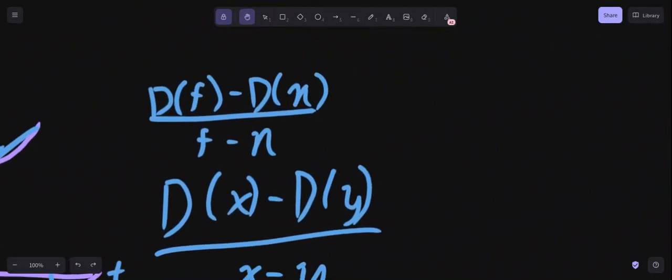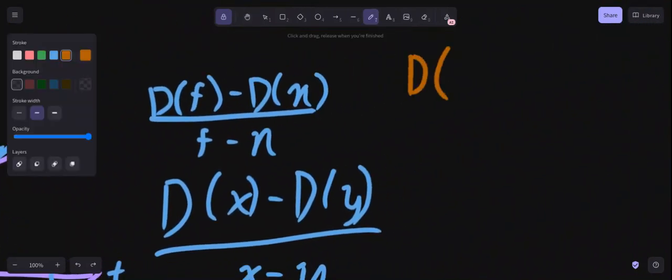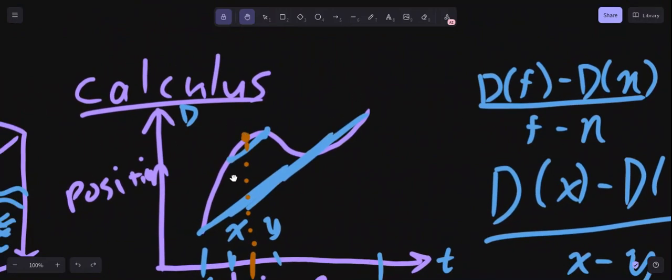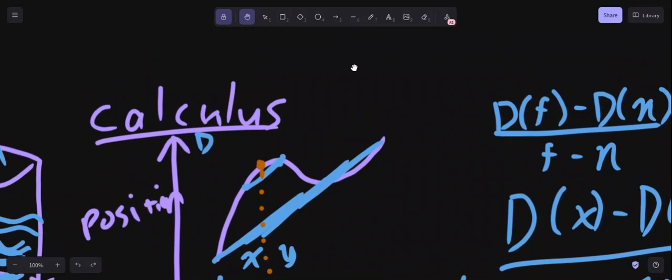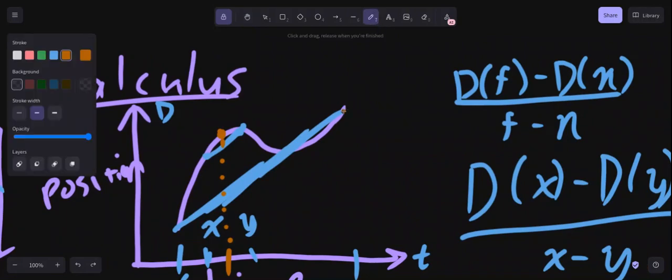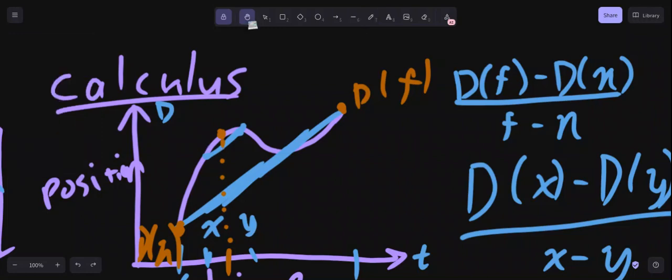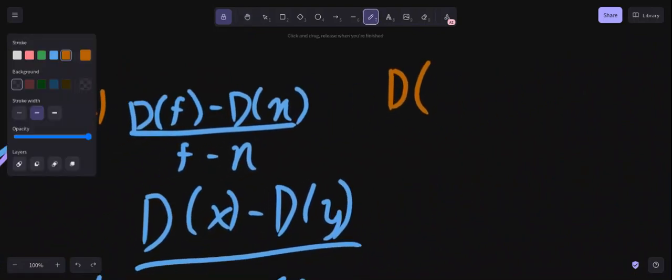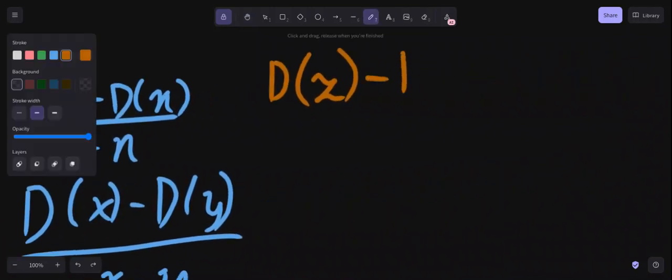Over here we had d of f and found the average change to d of n, and the same with d of y and d of x. But here we're not moving; it's just a single point. So we could just do d of z, and we don't really have any second point, so we would get d of z minus d of z.